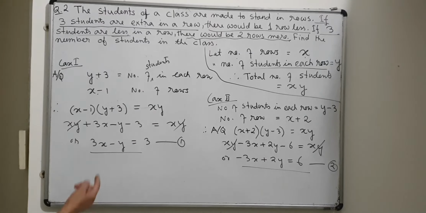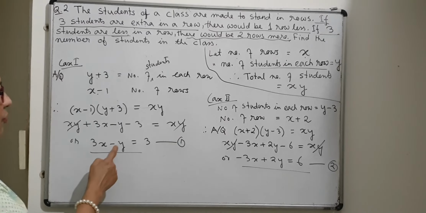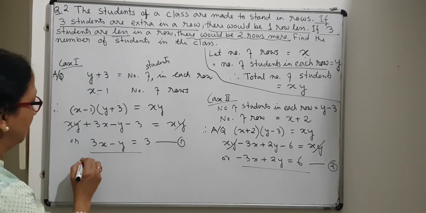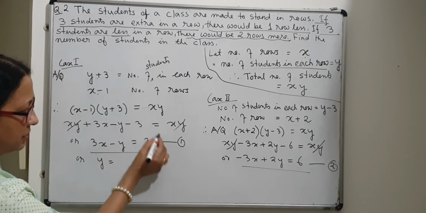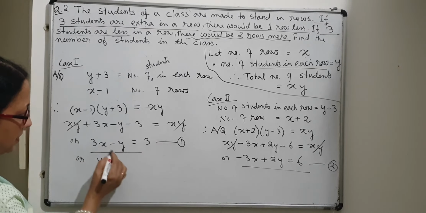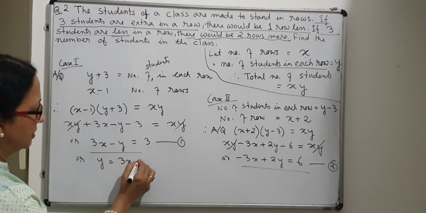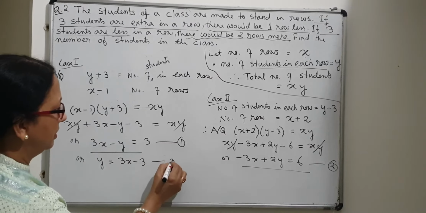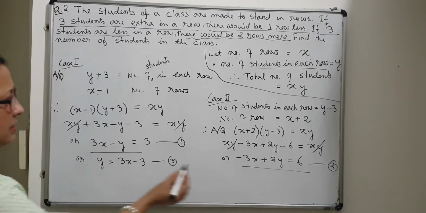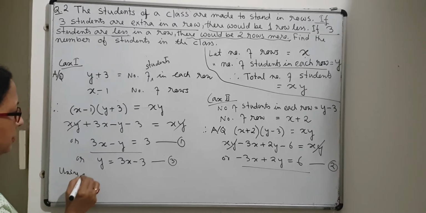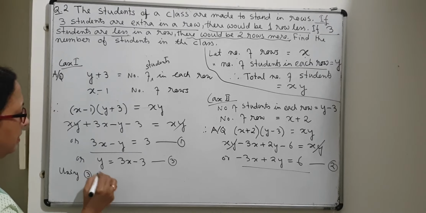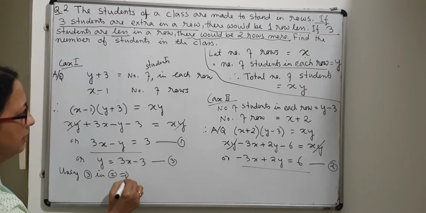Now how can we solve? We can solve by the method of substitution, as the coefficient of y is 1. Therefore we can write y is equal to, taking y to the other side, 3 will come to this side, so 3x minus 3. Say this is equation 3. So I will be using equation 3 in equation 2. Substituting equation 3 in equation 2, what will I get?